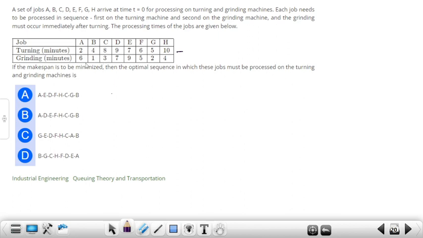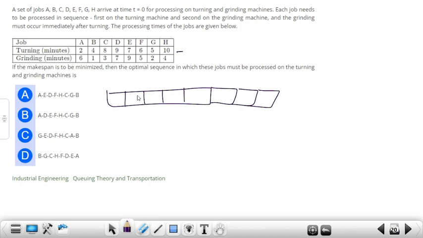So the minimum time is 1. Since 1 is present in the second machine, we have to put it in the last row. The total number of jobs are A, B, C, D, E, F, G, H, so divide the section into 8 boxes, with times 1, 2, 3, 2, 5, 6, 7, 8, 3, 3, 6, 8.